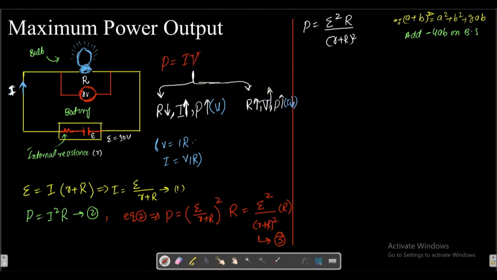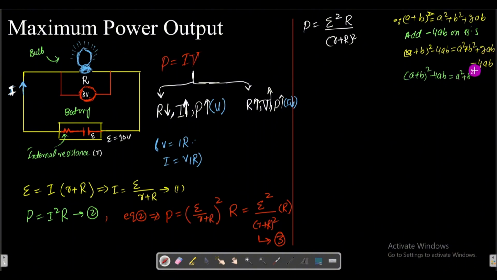So that becomes (A + B)² - 4AB is equal to A² + B² + 2AB - 4AB. On further simplification, it becomes (A + B)² - 4AB is equal to A² + B².